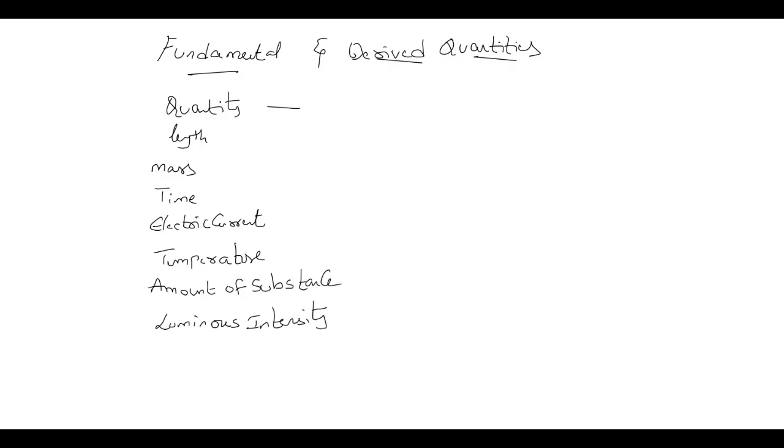Okay, so units for these physical quantities are like this. For length, it is meter. Symbol for representation of the unit is m, small m. Mass is kilogram and representation is small kg. And time is second.